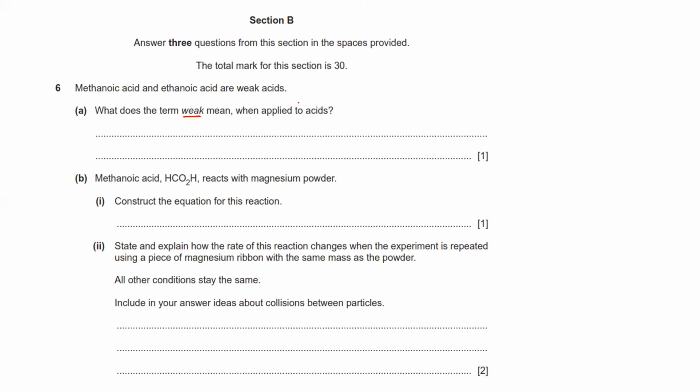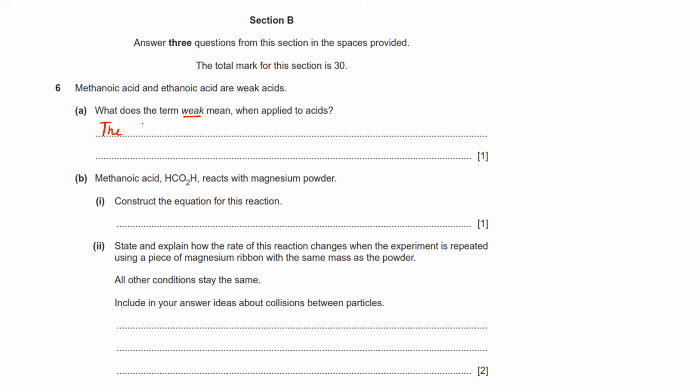So remember, strong acids fully dissociate in aqueous solutions, or you can say they totally ionize in water when the compound is added to water. But weak acids do not completely ionize or completely dissociate in water, so they're called weak acids.